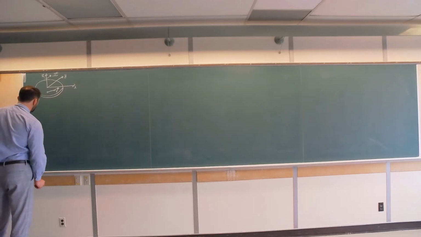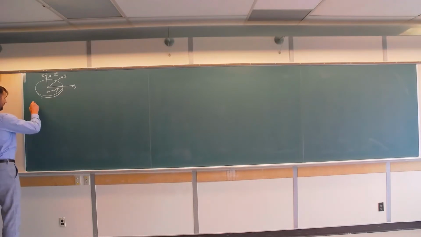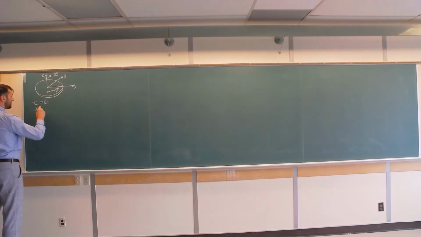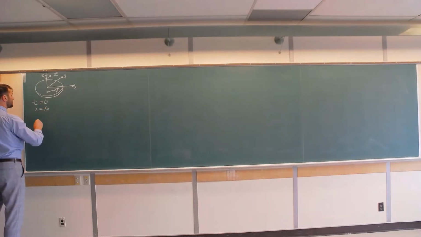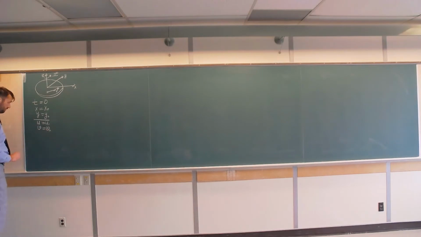And we are given boundary conditions, or rather initial conditions, that at the beginning, which means at time t equals 0, the x component of the location of this particle is x0, y is y0, and the initial velocity is u equals u0 and v equals v0.